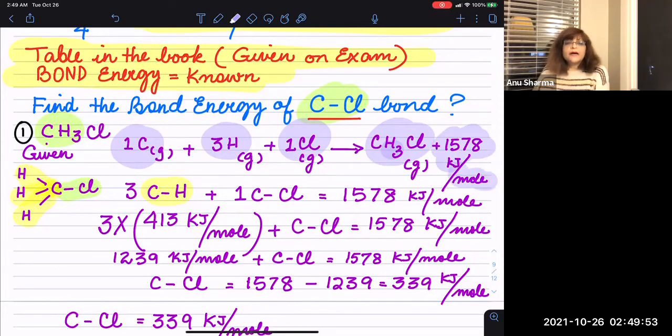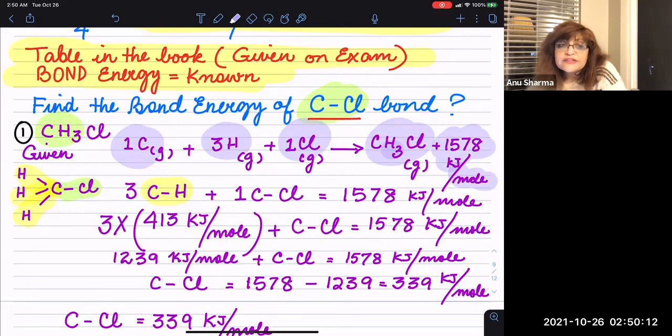In order to find the energy of the carbon-chlorine bond, what are you going to do? We look at the carbon-hydrogen bond that is known, what we did just now on the top, or you can look at the table also. That is 413 kilojoules per mole.